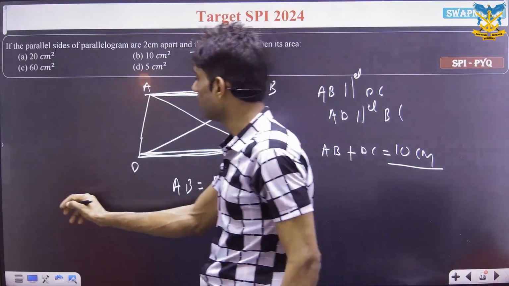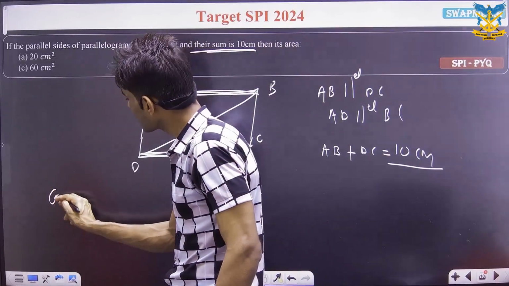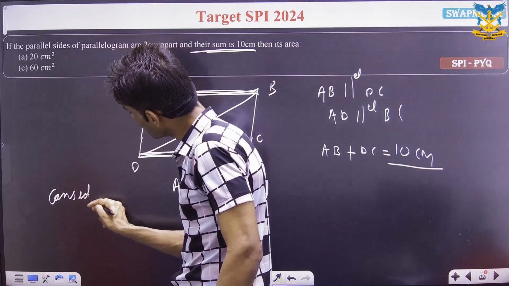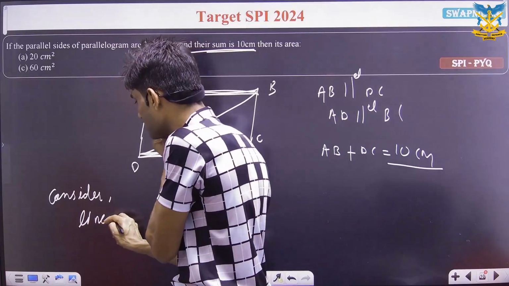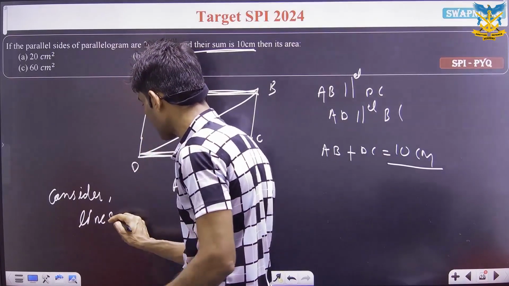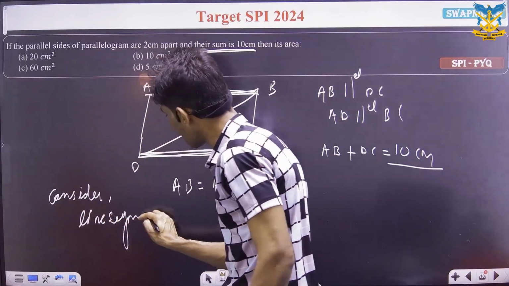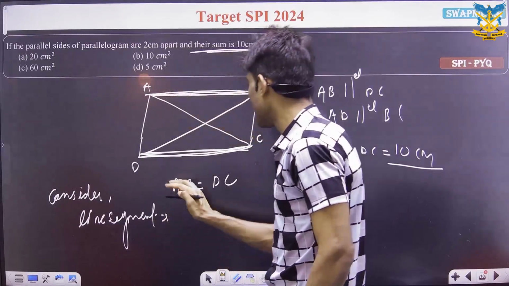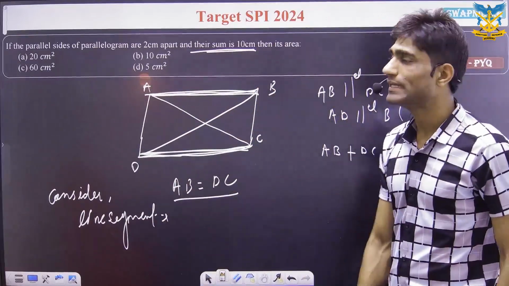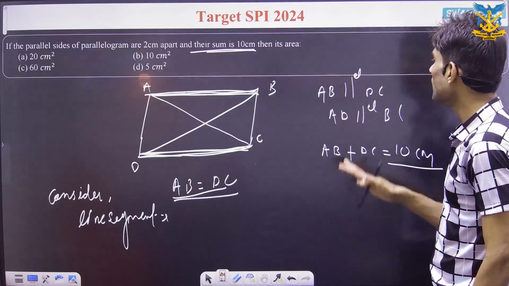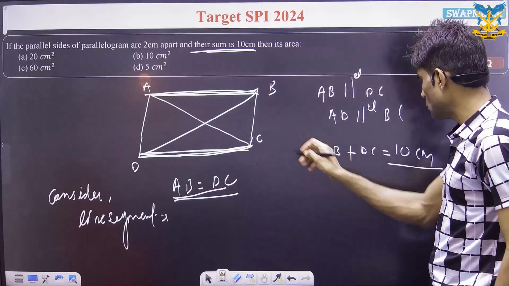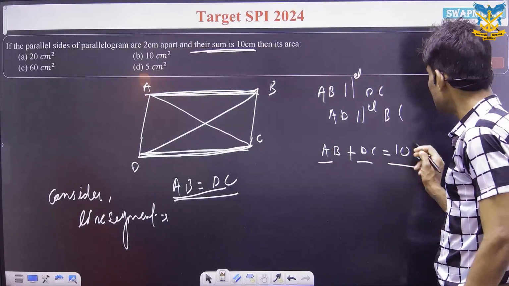If these two line segments are equal, AB equal to DC, then AB plus DC is 10 centimeters.